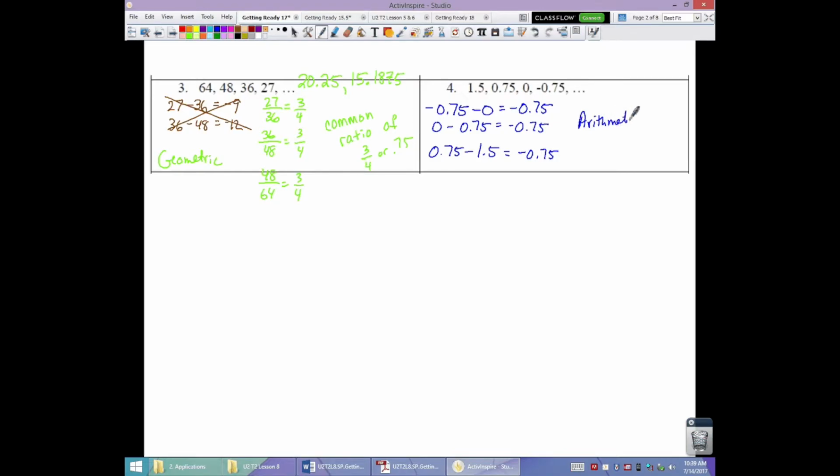We know that because there is a common difference, or constant difference if you prefer, which is negative 75/100ths. So to continue this pattern, the next two, we subtract that from negative 75/100ths, we get negative 1.5. One more time, we get negative 2 25/100ths.